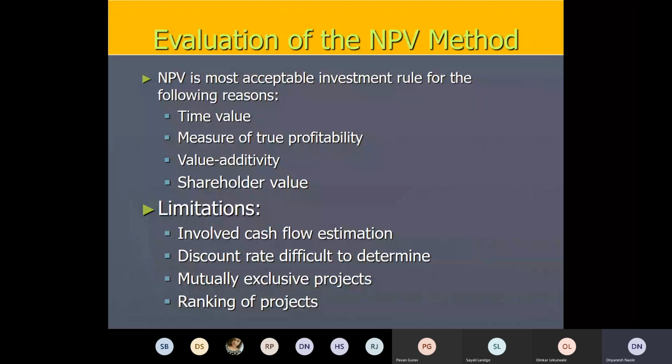The NPV method relies on estimated cash flows and the discount rate rather than any arbitrary assumptions or subjective considerations. That's why it is called the measure of true profitability. Then value additivity is another important advantage. What does it mean? It allows the projects to be independently evaluated.